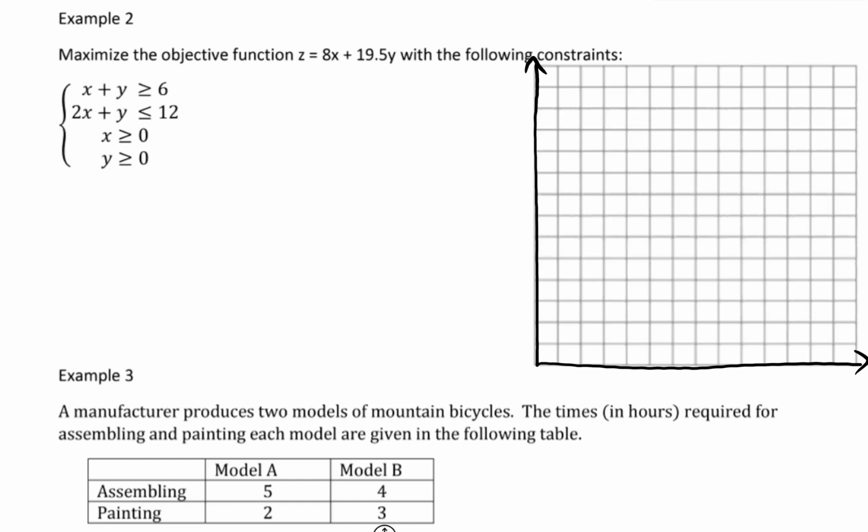So if I put in a 0 for x, then y is going to be 6. So once again, I'm just going to start with these and say, here's 1, here's 2, and so on. So 1, 2, 3, 4, 5, 6. Here's this one. And if I do the same thing with y being 0, then we have 1, 2, 3, 4, 5, 6. That's this one.